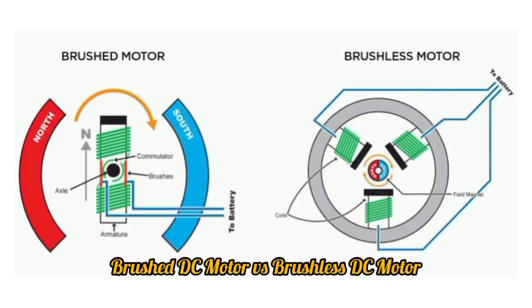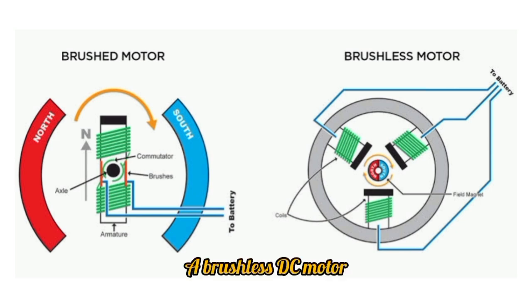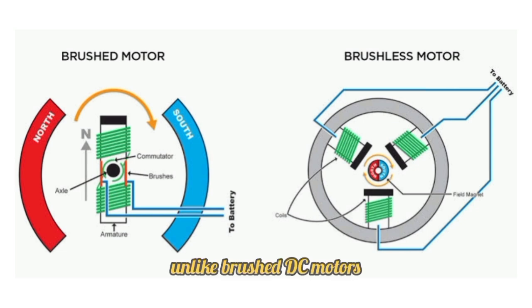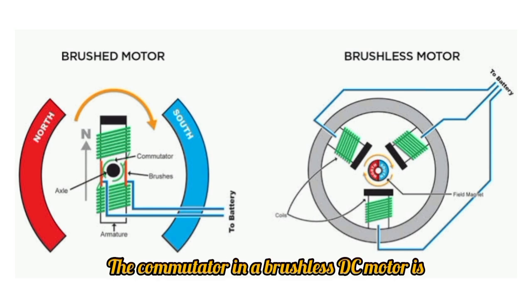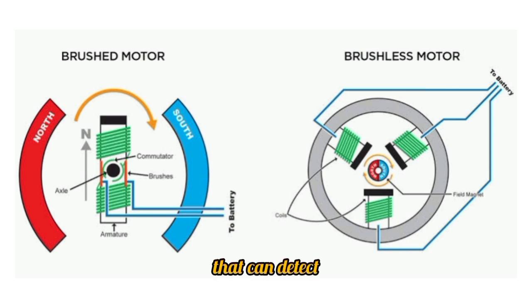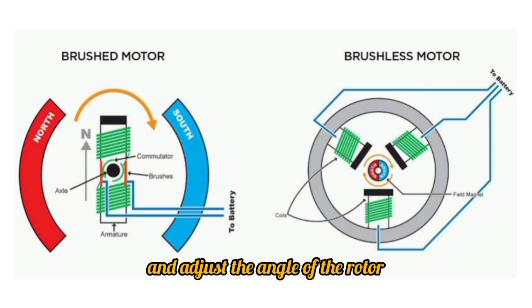Brushed DC motor versus brushless DC motor. A brushless DC motor, also known as synchronous DC motor, unlike brushed DC motors, does not have a commutator. The commutator in a brushless DC motor is replaced by an electronic servomechanism that can detect and adjust the angle of the rotor.